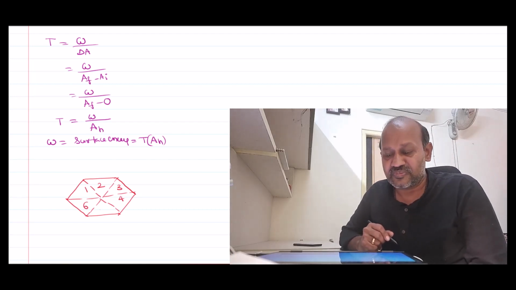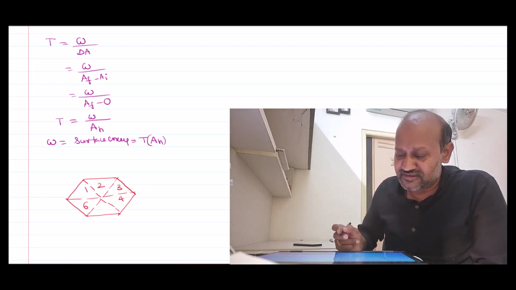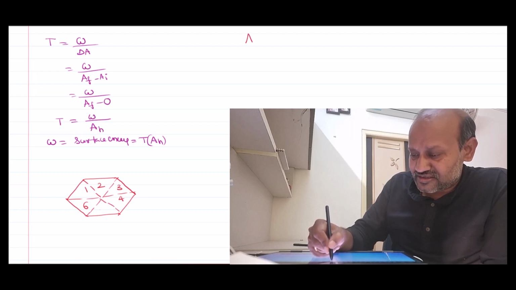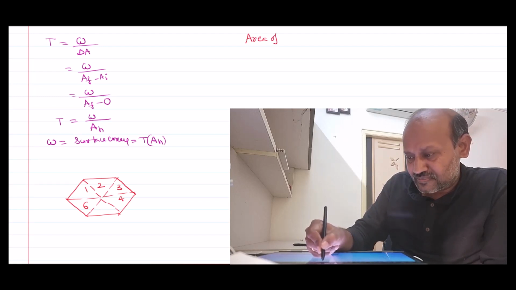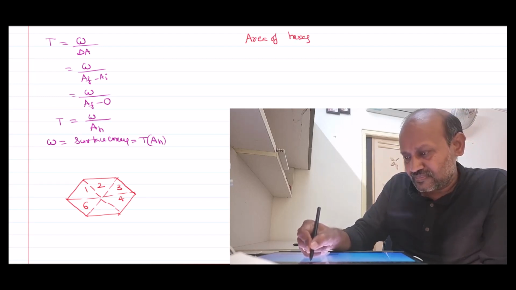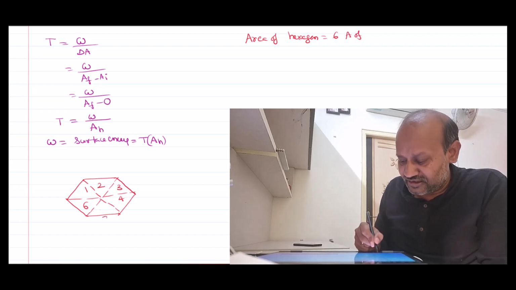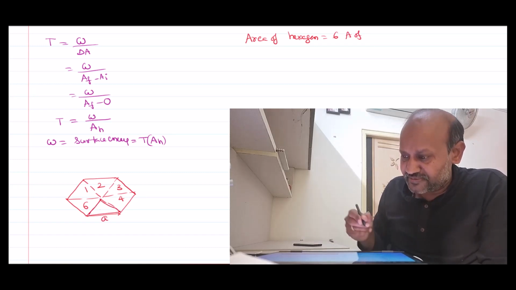So what's the area of that hexagon? Simply, the area of that hexagon is 6 times the area of an identical equilateral triangle, each of side A. That's the side A, right?